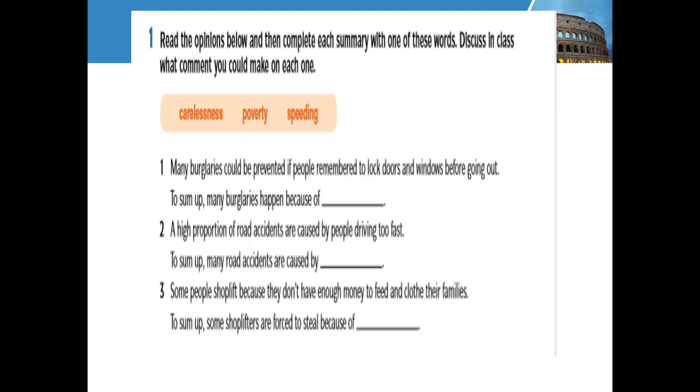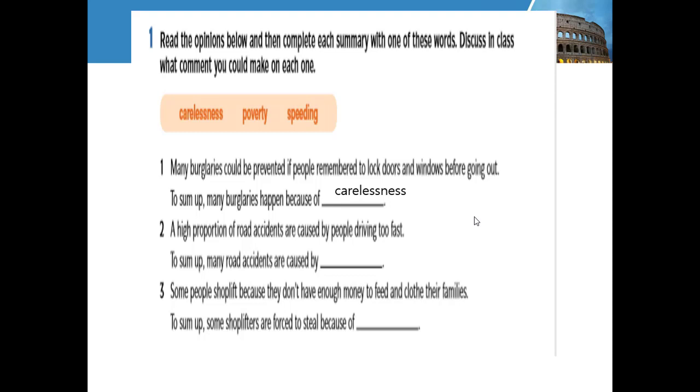So I will give you time to identify the correct words to complete the summary for that particular number. Okay, are you ready? Alright, let's check number 1. Many burglaries could be prevented if people remembered to lock doors and windows before going out.